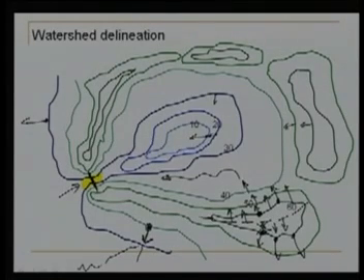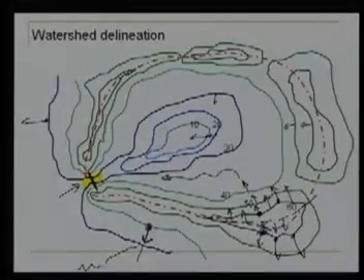So this kind of line we say is the ridge line. The ridge is there and it is ensuring that the water on this side is flowing inside and the water here is flowing out of the catchment. Using this, we can draw the full catchment.